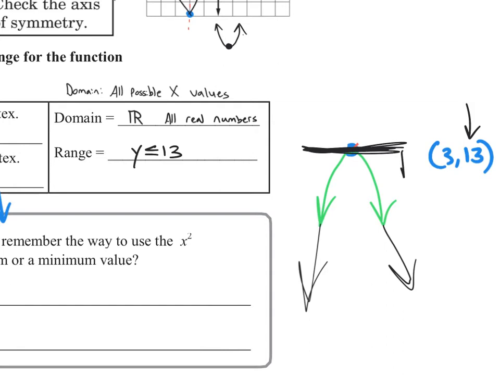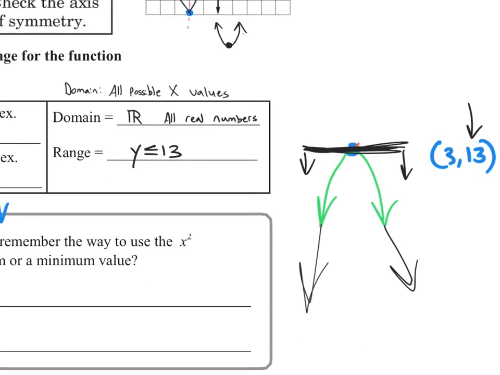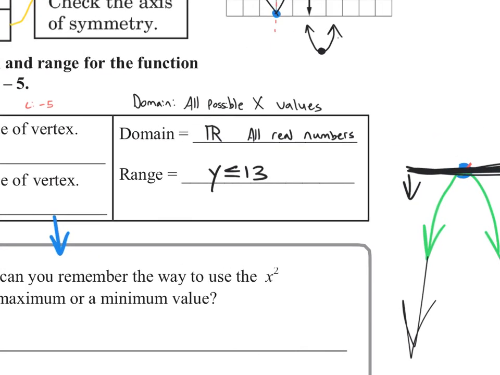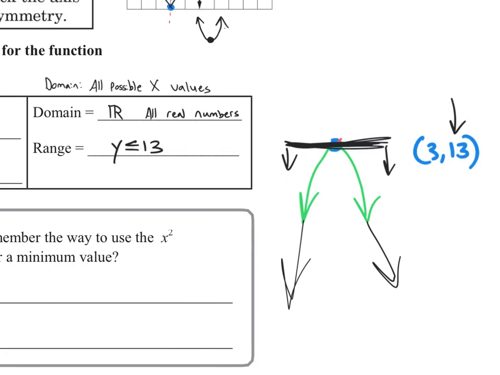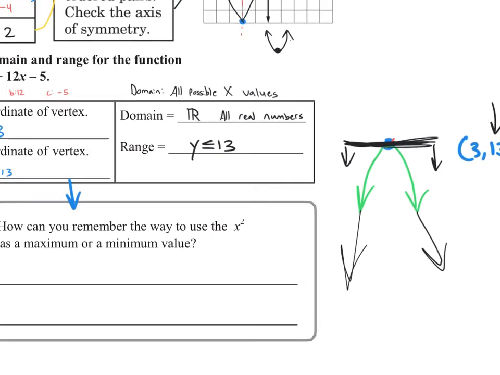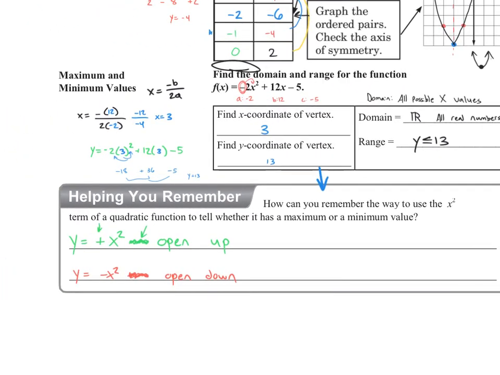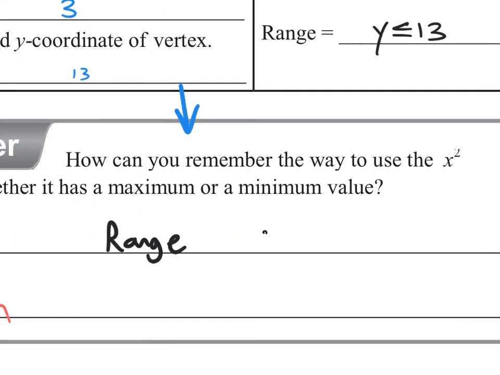And then otherwise, we're always smaller. So your y values are anything less than or equal to 13. So the way that this impacts the range, if you have a quadratic that opens up, and you have some vertex, x comma y, your range will be y is greater than or equal to this y coordinate.